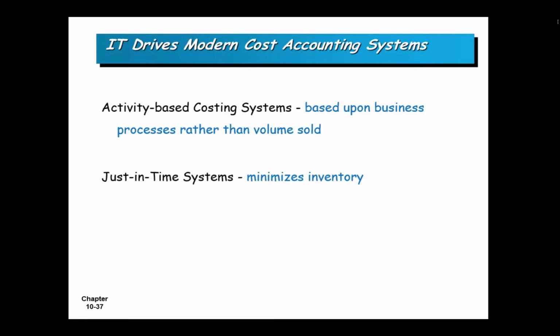And clearly, just-in-time inventory management, everyone's heard of that, requires very strong value chain integration from suppliers straight through the conversion process. You need to make sure that when you expect to have inventory on hand, it's there. Otherwise, the factory is going to just shut down and wait. So both of these areas strongly require IT and accounting systems in particular.